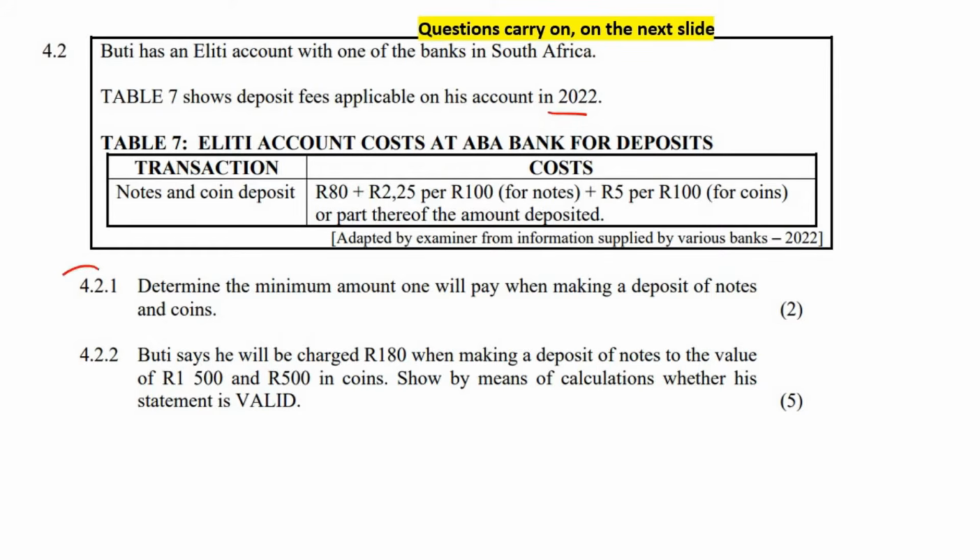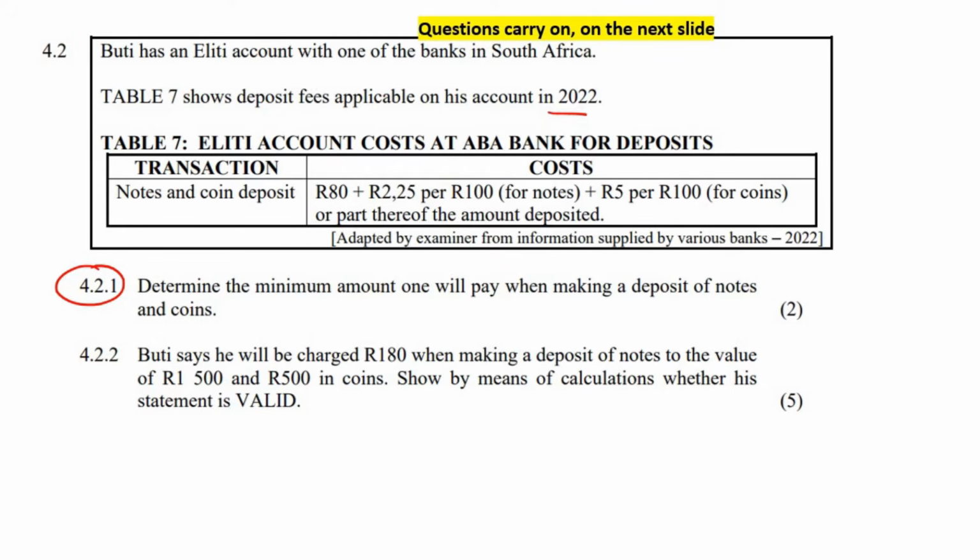So the first question says, determine the minimum amount that one will pay when making a deposit of notes and coins. Okay, so even if you go to the bank and let's say you don't deposit. Well, the way it works is the following. You're going to pay 80 Rand. They're just going to charge you 80 Rand no matter what.